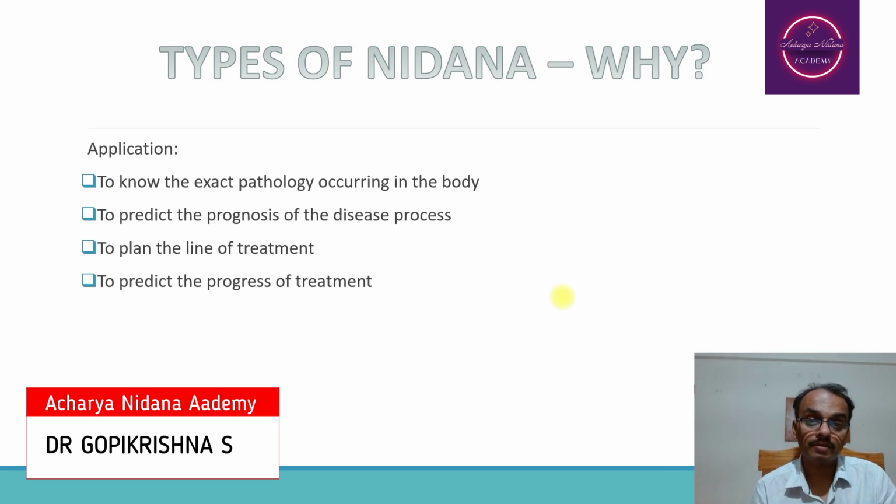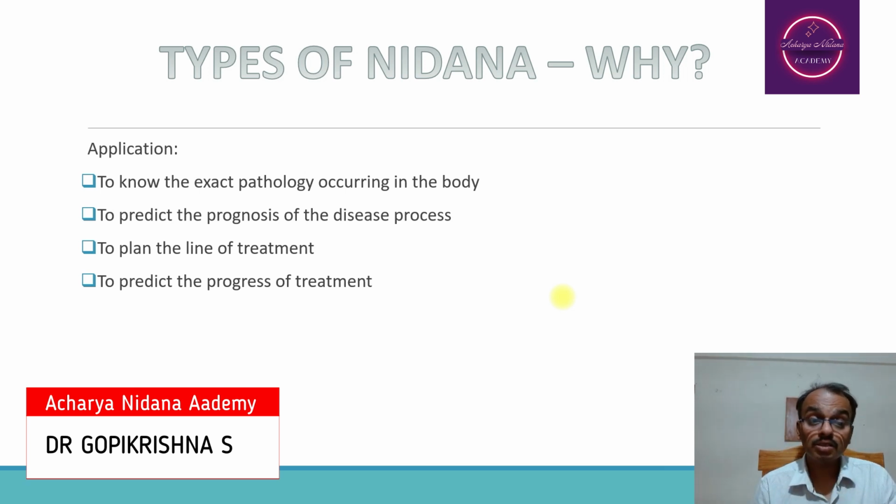If there are 10 pathogens, the disease manifestation will be milder. 100 pathogens entering the body may produce moderate pathogenesis. When the number of pathogens is 1000, the disease may be much more severe.